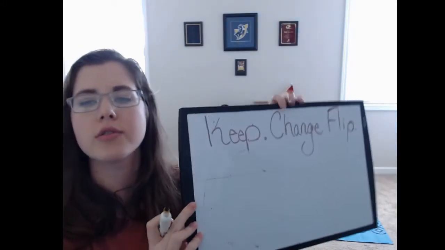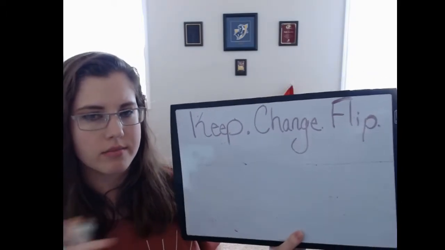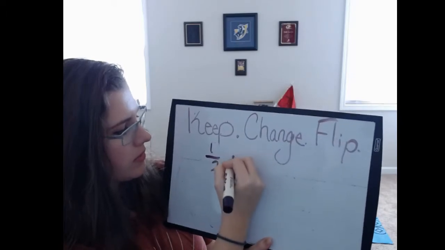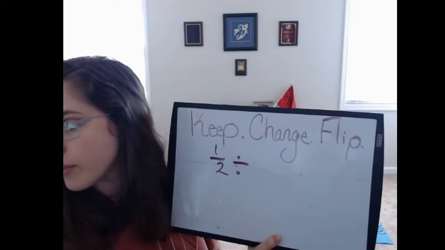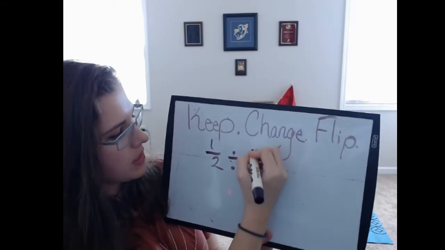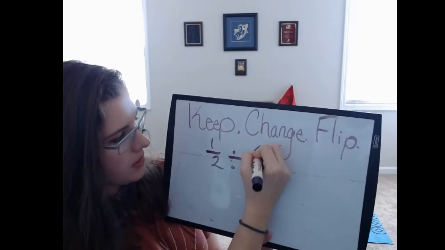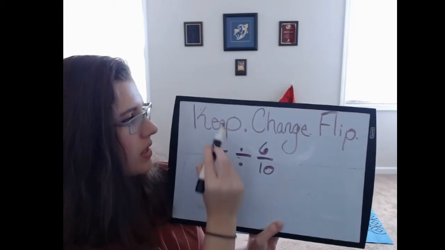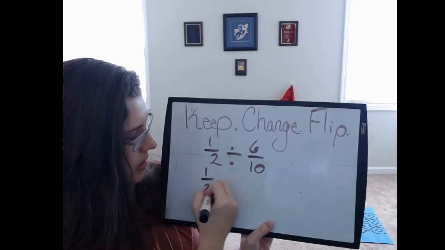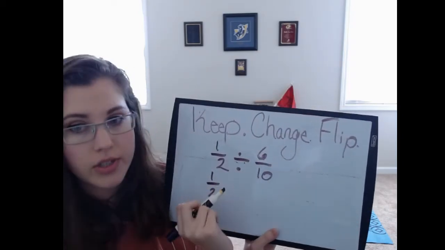Okay, I'm going to do another fraction by fraction one real quick. 1/2 divided by, let's do 6/10. Yes, that is a 6. Okay. Keep, change, flip. Keep the half. So I'm just going to recopy it. Change the division.